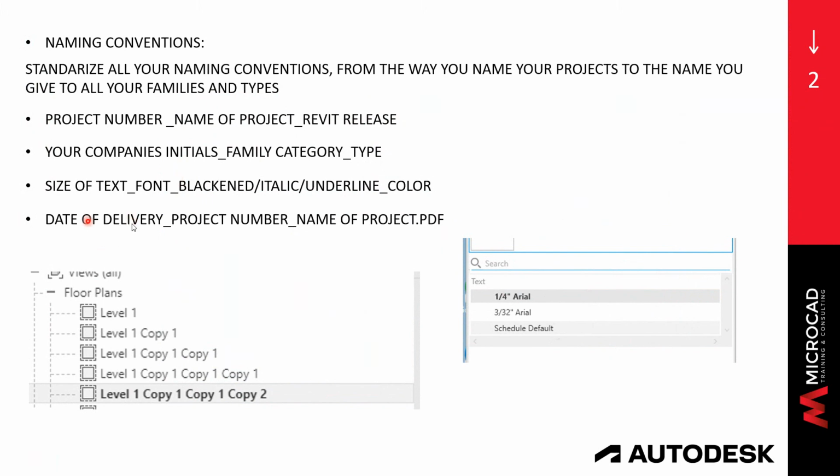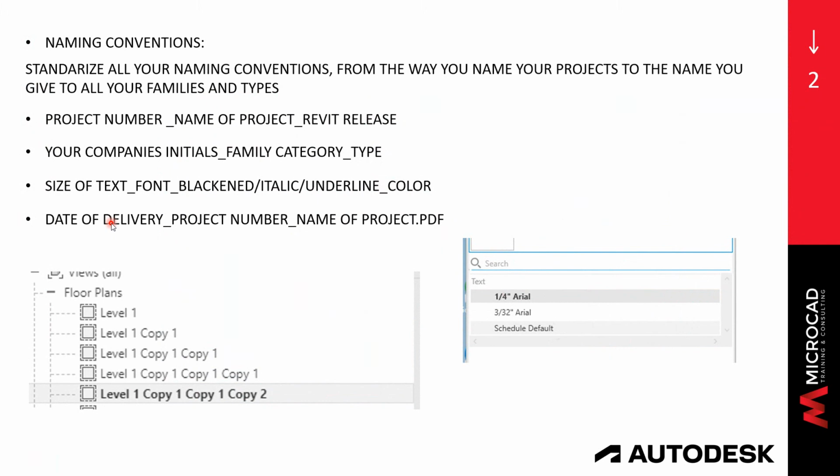The next thing that I want to mention is, when you produce PDFs, to keep track of the deliverables that you send to your clients, I would always start with the date, putting it in international numbers.